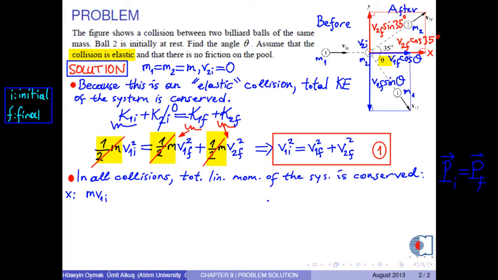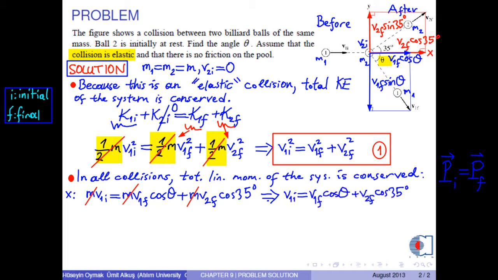After the collision, we have m times v1F times cosine theta for the x component of the final momentum of ball 1, plus m times v2F times cosine 35 degrees, which is the x component of the final momentum of ball 2. Here, m's are cancelled, so we obtain v1I equals v1F times cosine theta plus v2F times cosine 35 degrees.